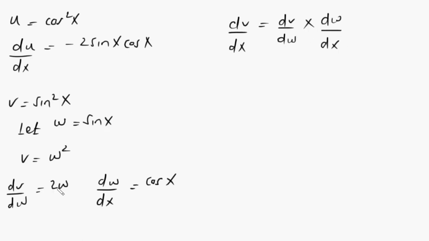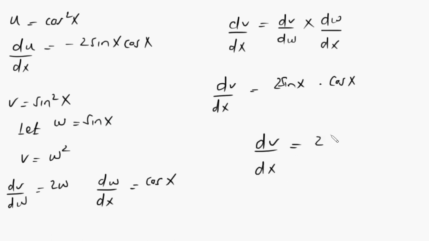Kumbuka w ni sin x, kwa hiyo 2w ni 2 sin x, times dw dx ni cos x. Kwa hiyo dv dx ni 2 sin x cos x.